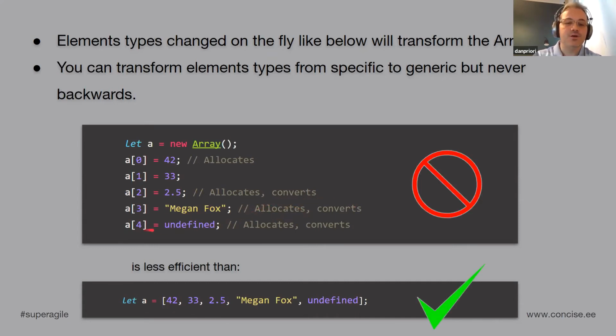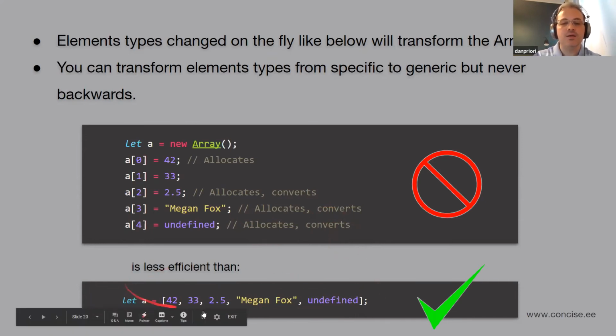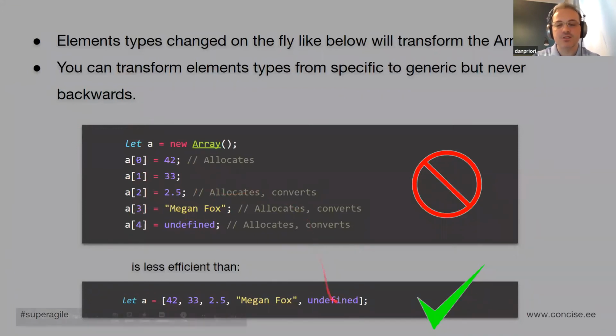And after here, we have undefined. This is totally holey elements. This is the worst scenario of arrays. So it tries to allocate and convert, but this is a much slower array type to optimize. So again, keep in mind, if you already know those elements in advance, try to avoid this kind of populating strategy. Try to populate it in its constructor.